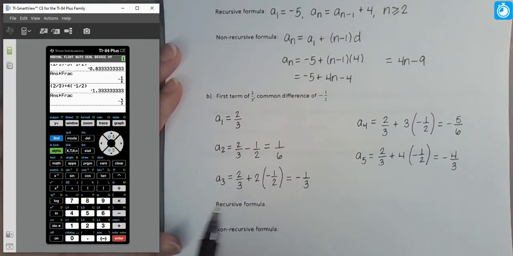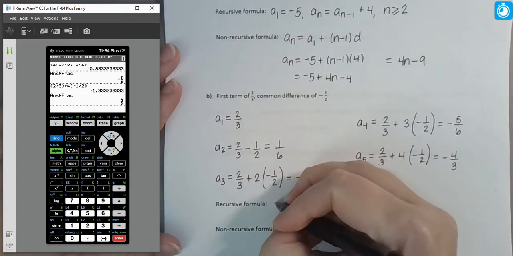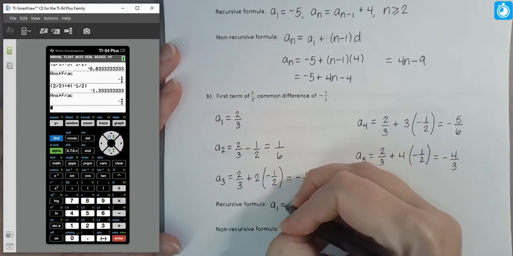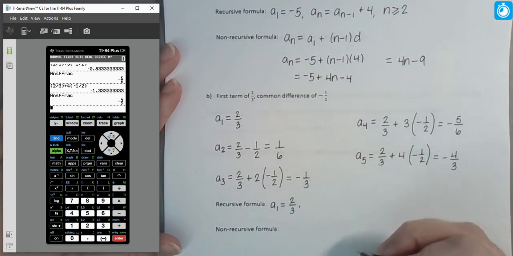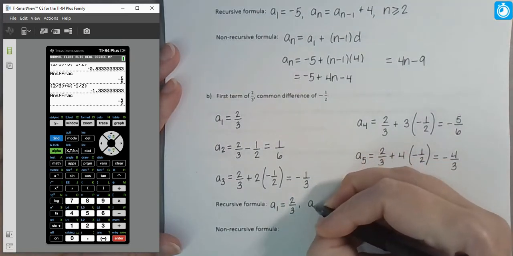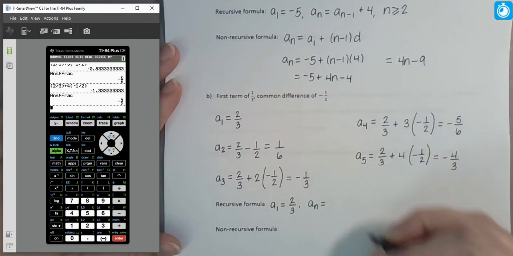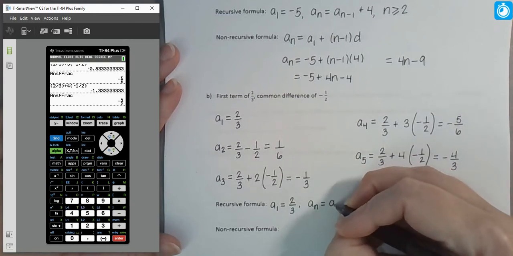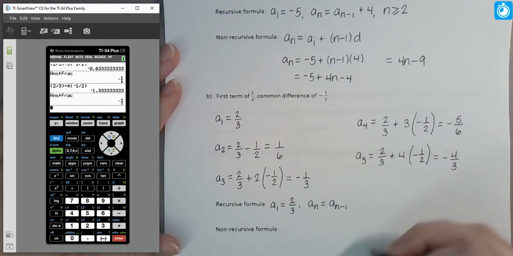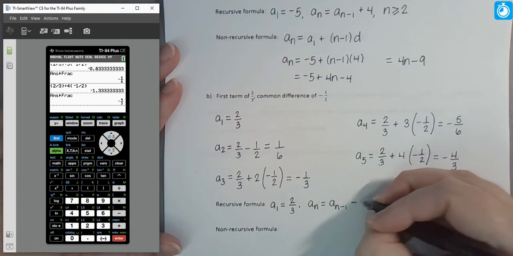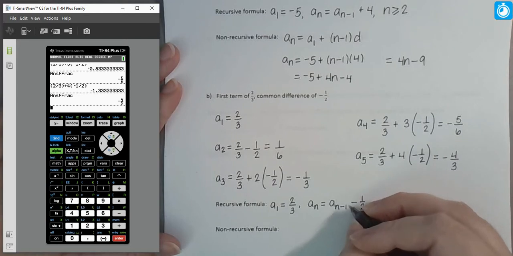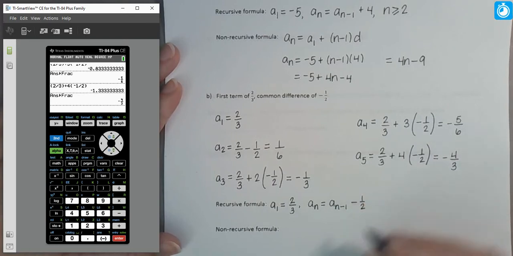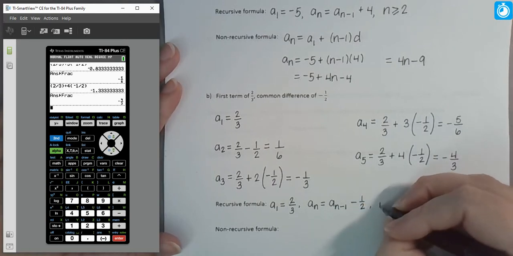So a recursive formula generating this particular sequence would require us knowing, again, our first term, where we're starting. In this case, the first term is going to be 2/3. And we know that every individual term in the sequence is going to take the preceding term, and from that term, we're going to subtract 1/2. So you could write it as plus negative 1/2, or just minus 1/2 is a little bit better way to write it.